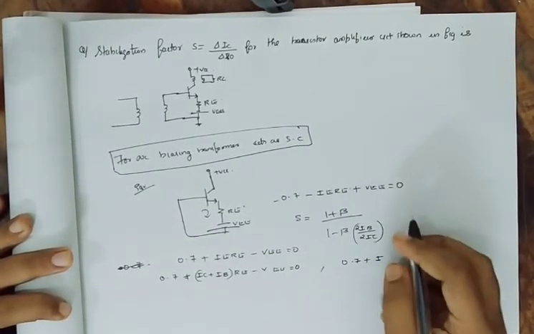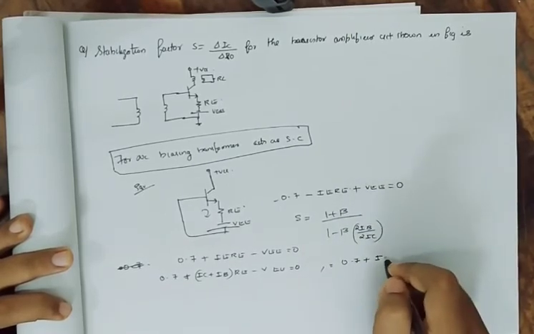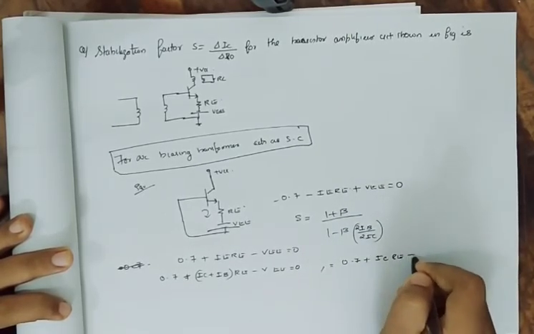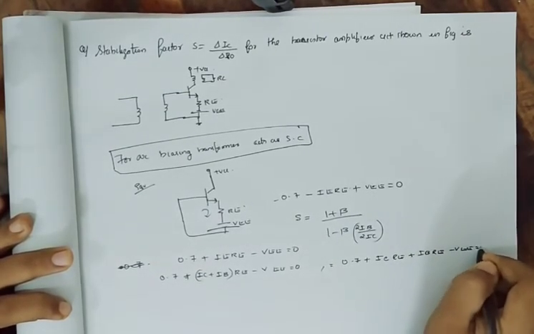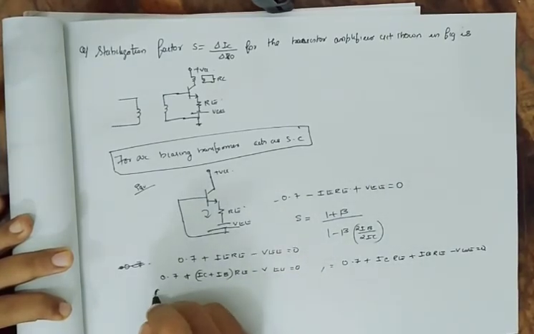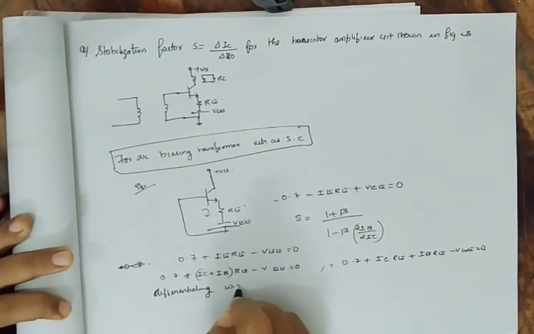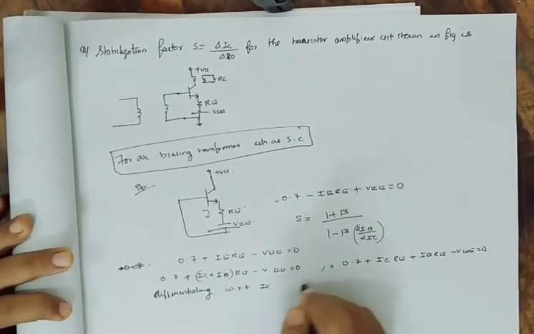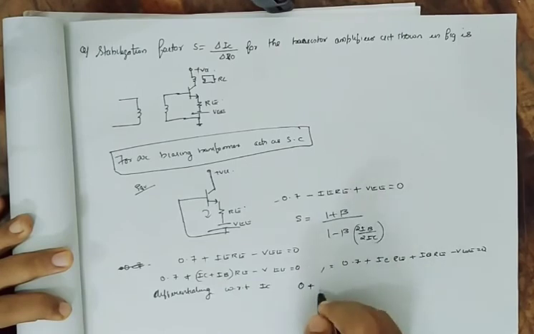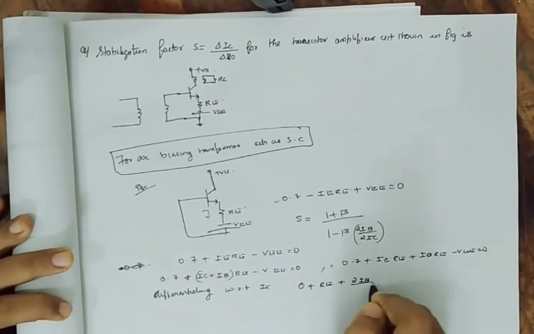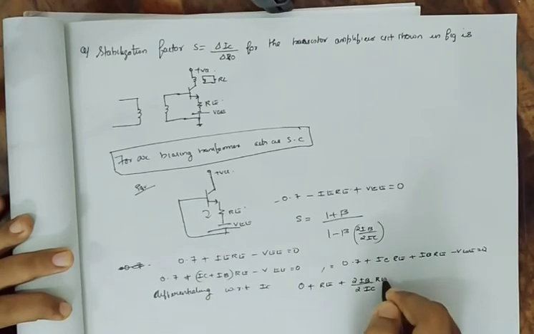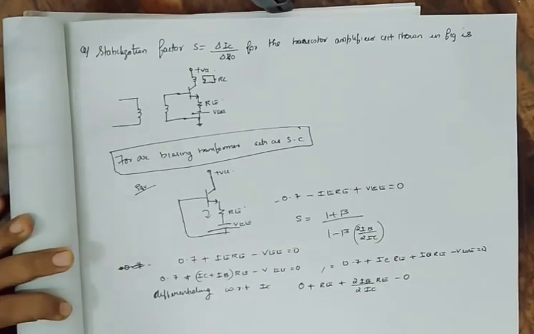0.7 plus ICRE plus IBRE minus VEE equal to 0. And now differentiating with respect to IC, we will get 0 plus RE plus delta IB divided by delta IC into RE minus 0.